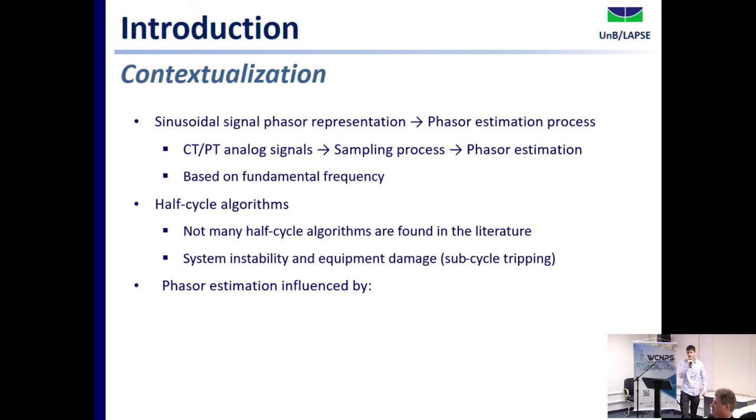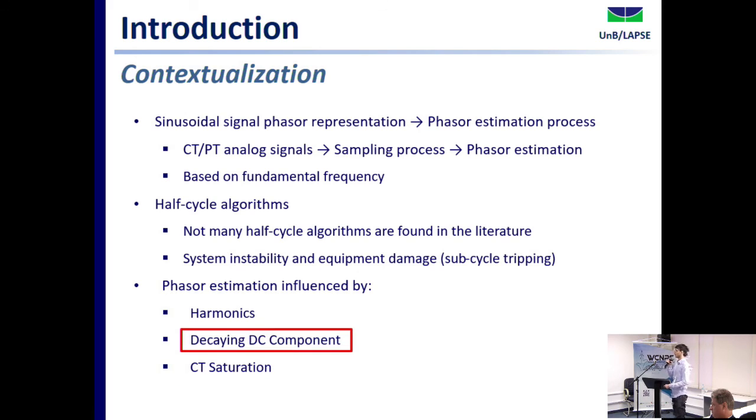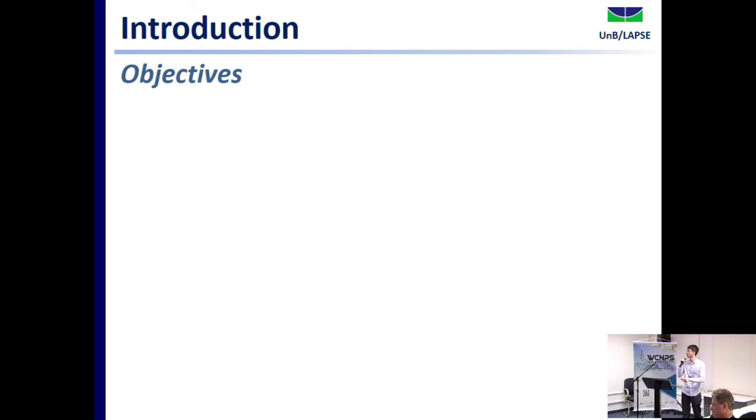It's simply because it can be influenced by a couple of factors like harmonics, decay in DC component, as well as CT saturation, just to mention a few. In this study, we focus on decay in DC component.